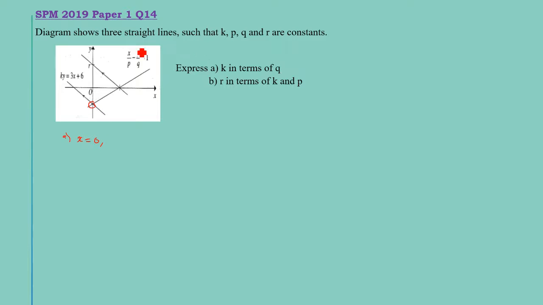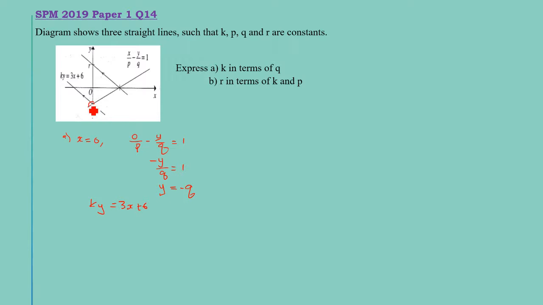Put this value into your equation, x over p minus y over q equals 1, to find out your y. So what you have is 0 over p minus y over q equals 1. So you have y equals negative q. This line meets the other line at the same point. So now using this equation, ky equals 3x plus 6.